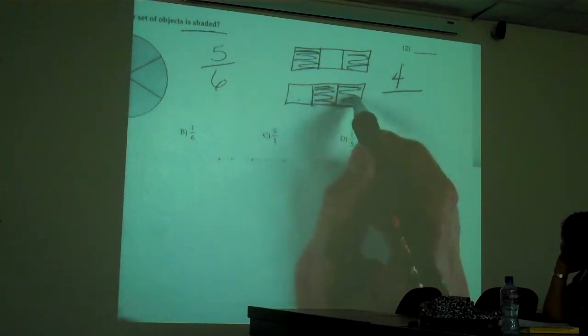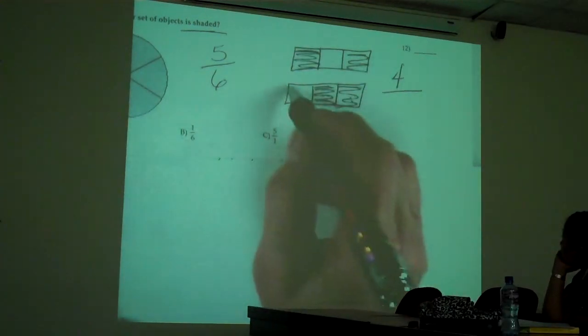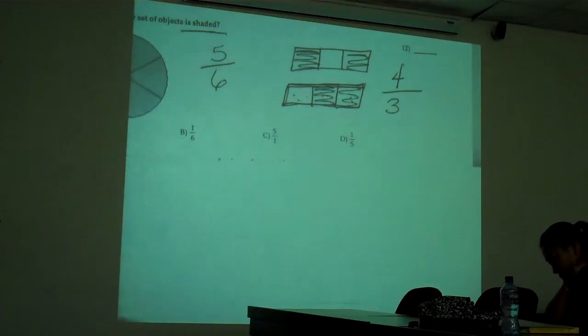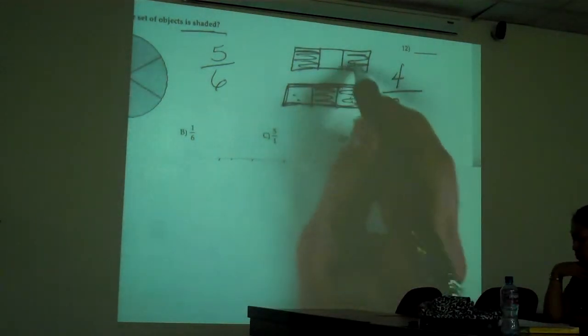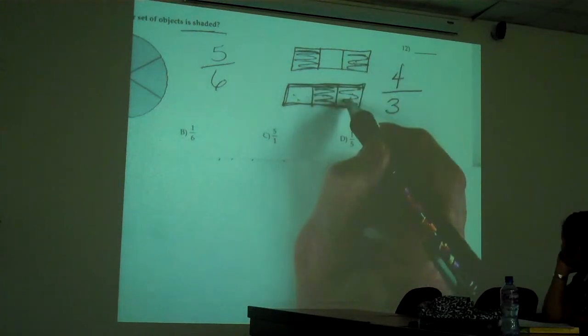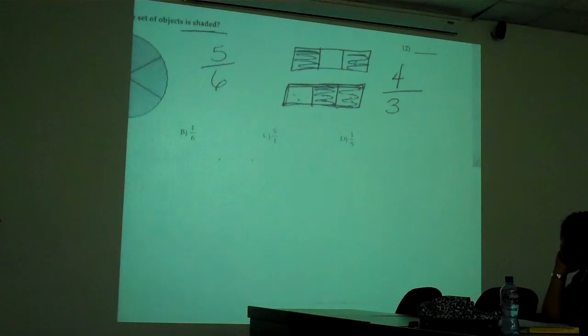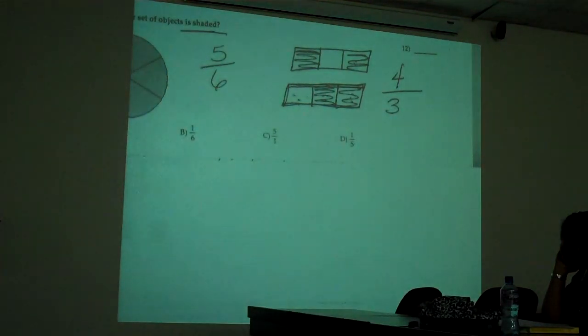You don't say 6 because there's a total of 6. Each one is divided into 3, so the 3 goes on the bottom. So you have a 1, 2, 3, which would be a whole one shaded. If you put this one down here, it would be a whole one shaded and 1/3. Same as 4/3.